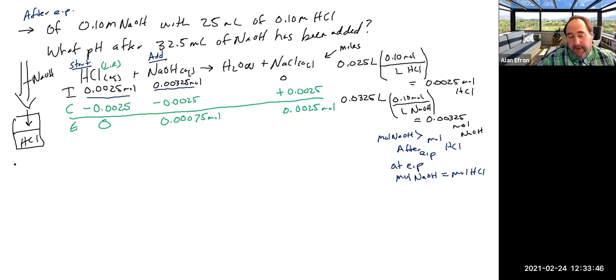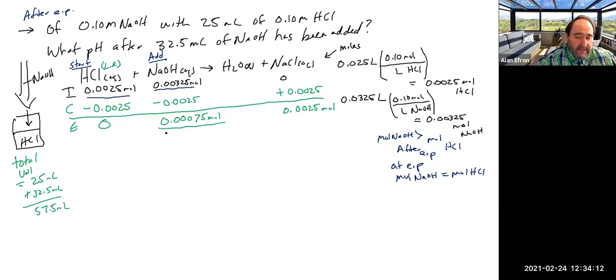All right, at this point we want to convert back to molarity. So we're going to go with our total volume. We started with 25 milliliters and we added 32.5 milliliters to it. That's 57.5 milliliters, our total volume at this point.